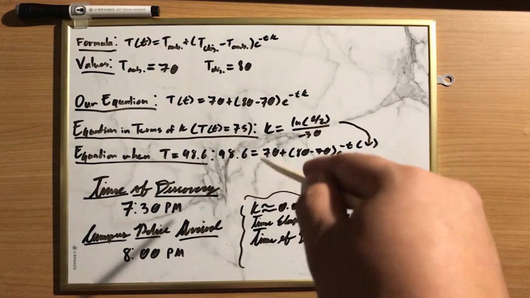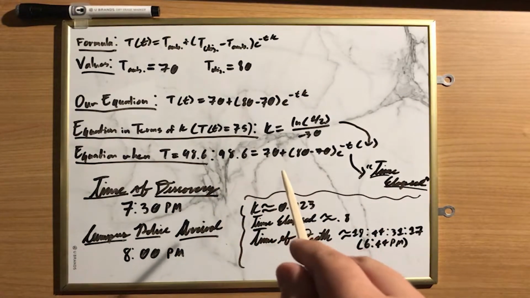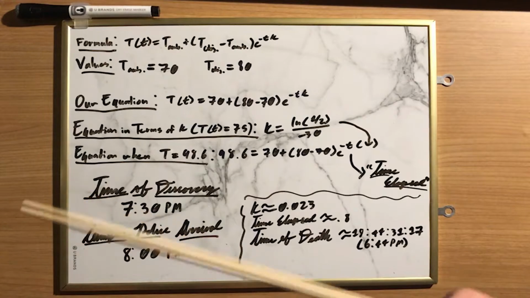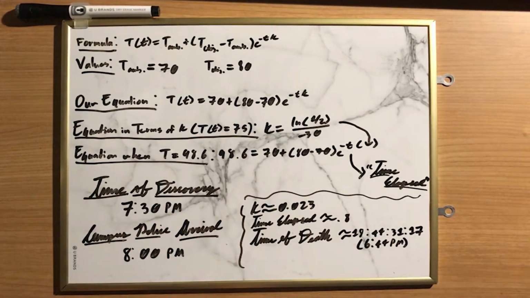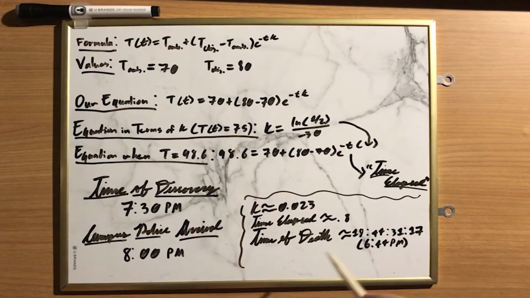So setting in 98.6 for temperature as a function of time, setting it equal to our equation, then gives us a value of our time elapsed from the moment the body was murdered to the time of discovery at 7:30 p.m. That value is a complex decimal of negative 45.4880, if you will. So we know that since time can't be a negative value, we work backwards from 7:30 p.m. to give us a time of death of 6:44 p.m. about, or 1800 hours, 44 minutes, 31 seconds, and 17 centiseconds about.